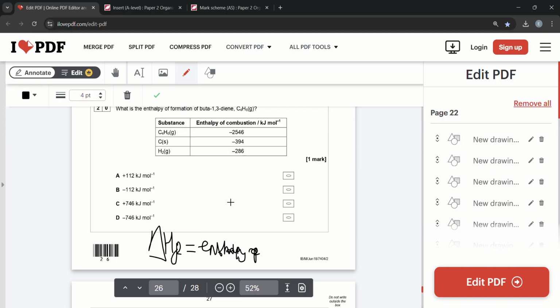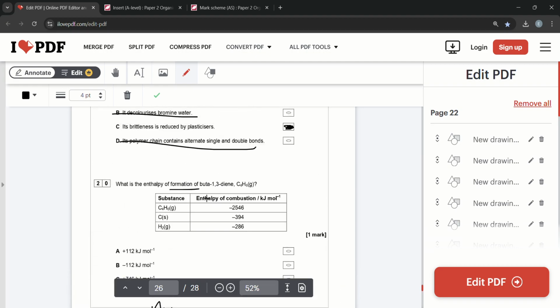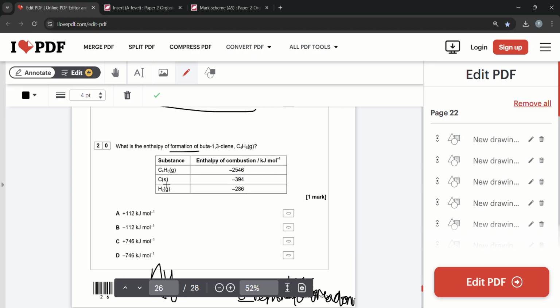Remember, enthalpy of formation, we use formation data, tells us enthalpy of products minus enthalpy of reactants.